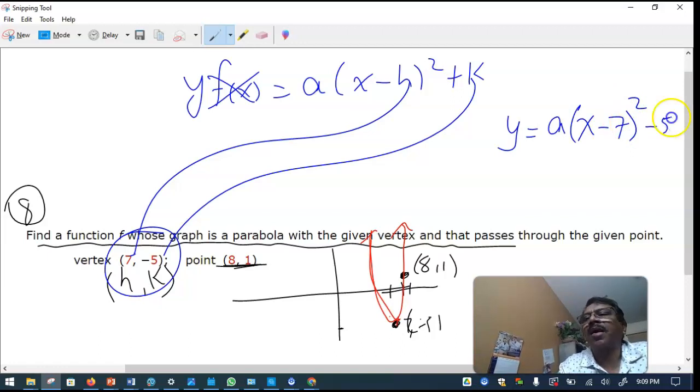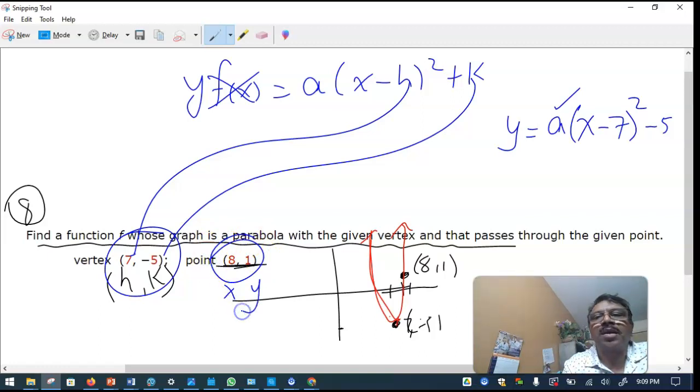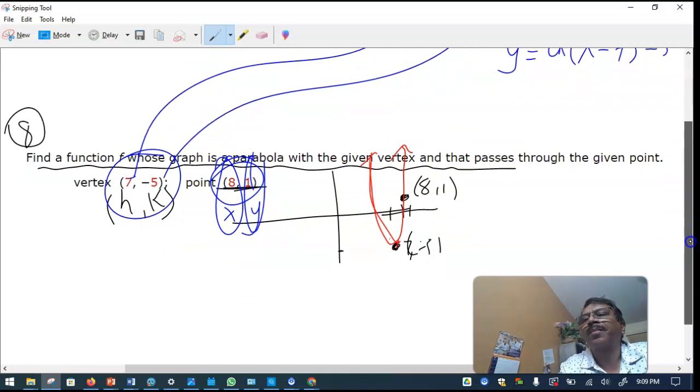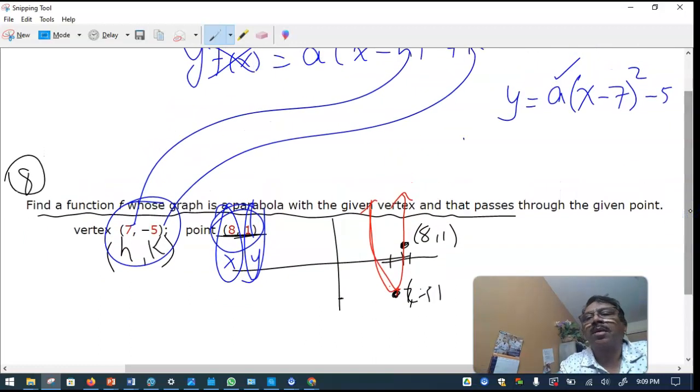So now our next goal is to figure out what is a, because the point is (8, 1), that is x and y. So you plug in x is 8, and y is 1 in the same equation.